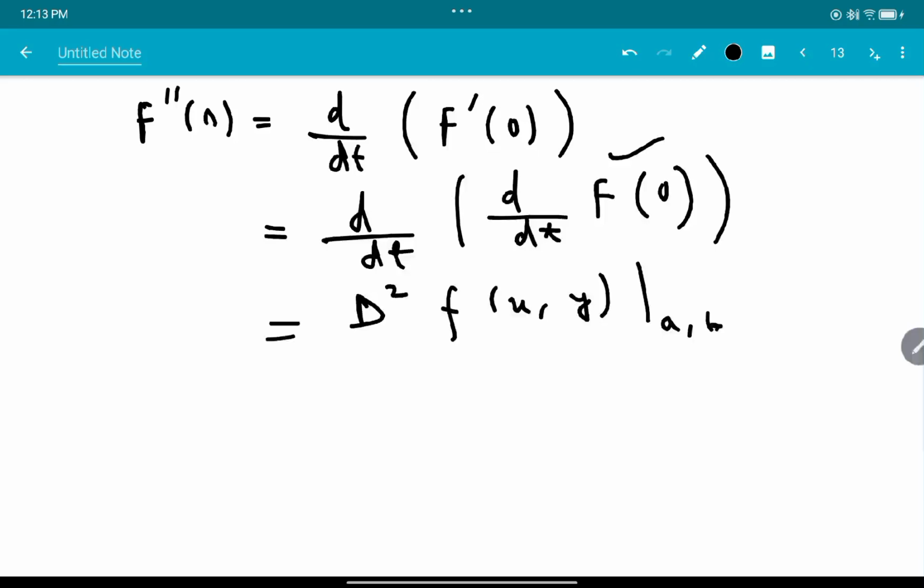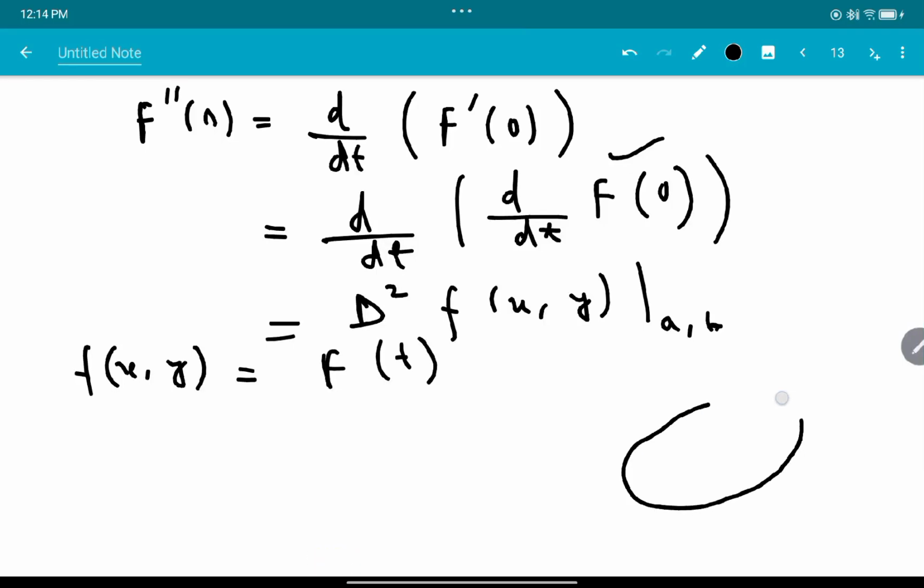Then we can now write, we already have f x y, as you know, f x y is equal to f t. Now at t equal to 0, suppose this was the region, and this was the line that we considered. It had a b here, it had x naught y naught here.